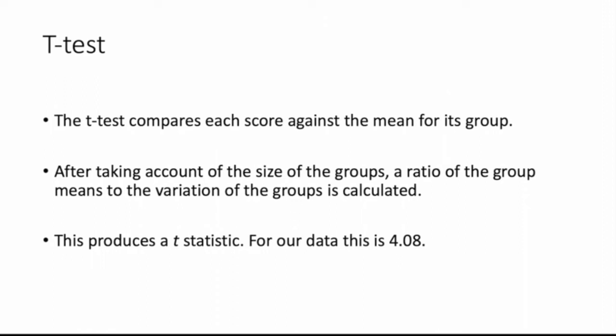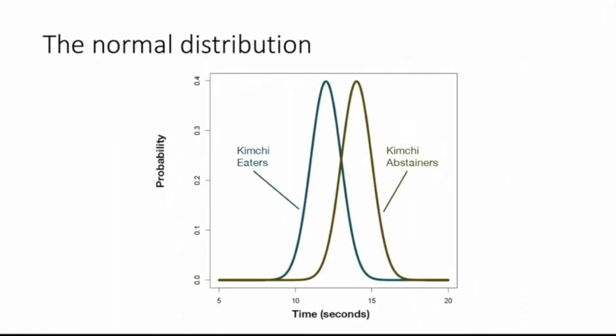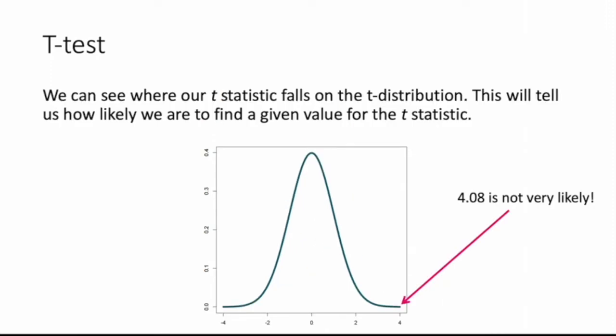In our case, that value is going to be 4.08. Now, if we look at the t-distribution, what we see is that 4.08 falls down here. This distribution suggests that if the two bell curves that we saw earlier were overlapped and there was no significant difference, they would fall here in the middle, with the zero or null hypothesis. But actually the t-value suggests that we are closer to this tail end of the curve.